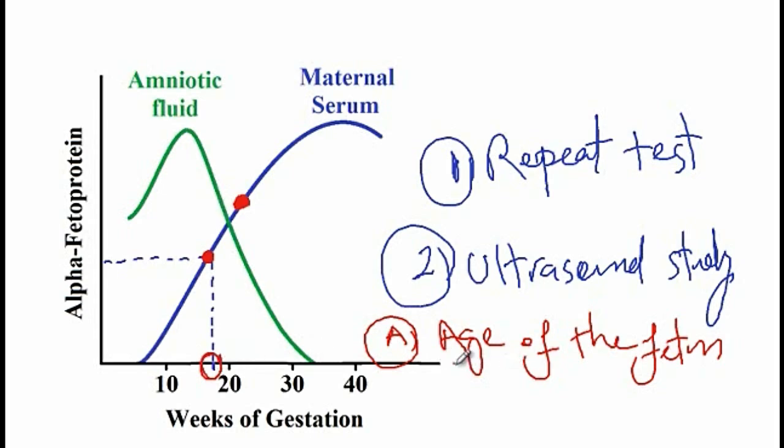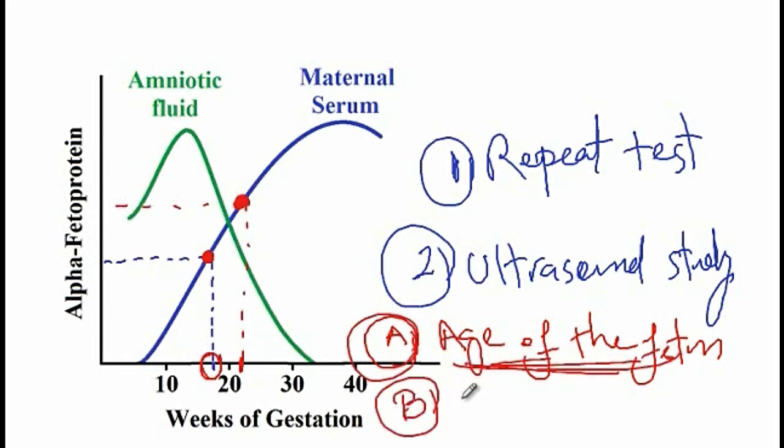But what if the age of the fetus is wrong and it's like 22 weeks gestation? Then the amount of alpha-fetoprotein that is found in maternal serum would be correct. So the first step is to confirm the age of the fetus. And second is to visualize the spinal cord and the brain for any defects.